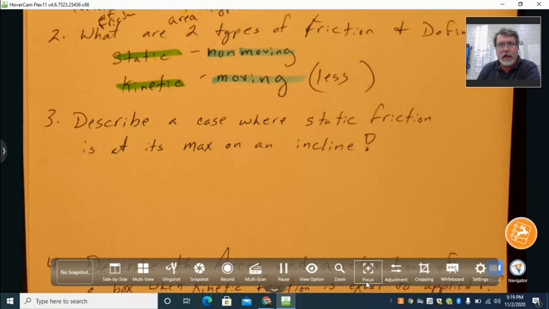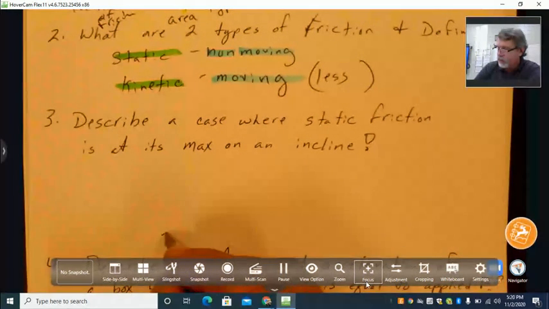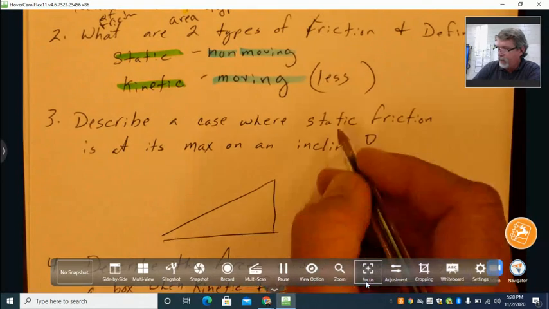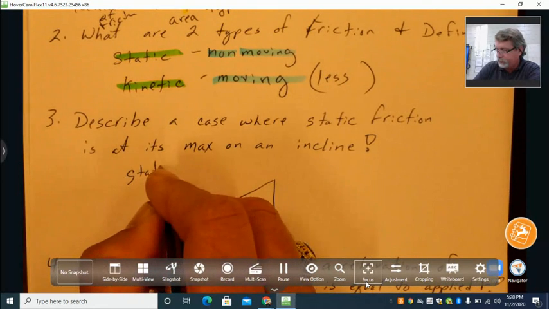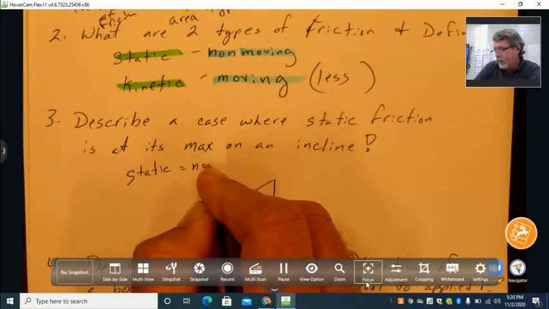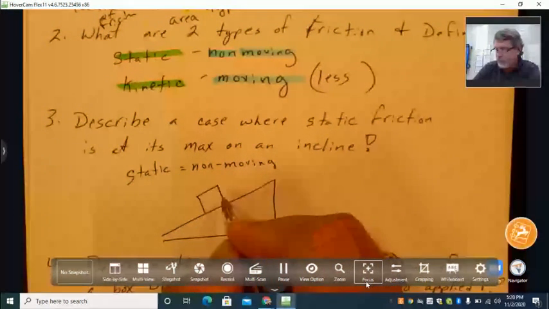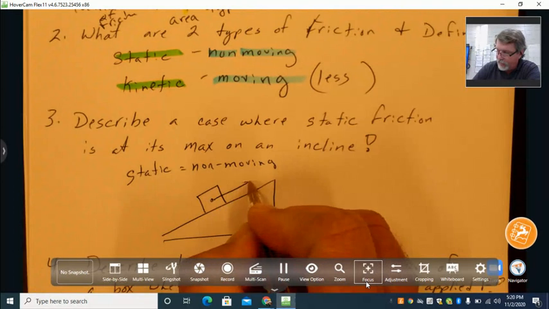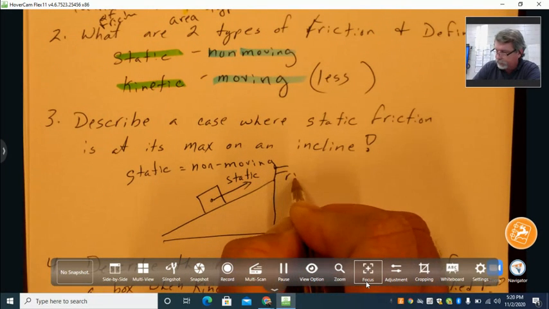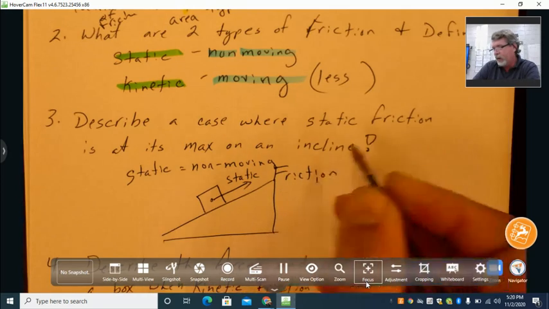Describe a case where static friction is at a max on an incline. So if we're on an incline and we know it's static, so static is non-moving. Okay, so here's our box. It must have static friction, and we're labeling that.